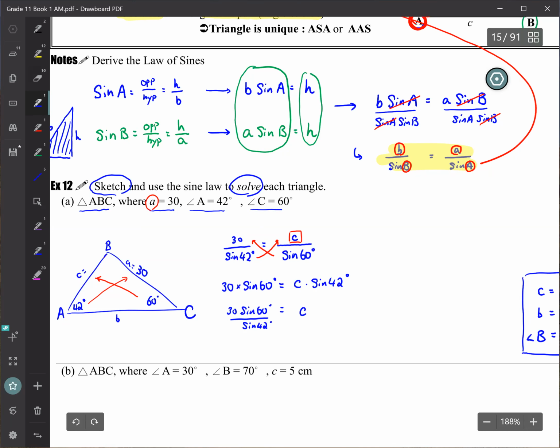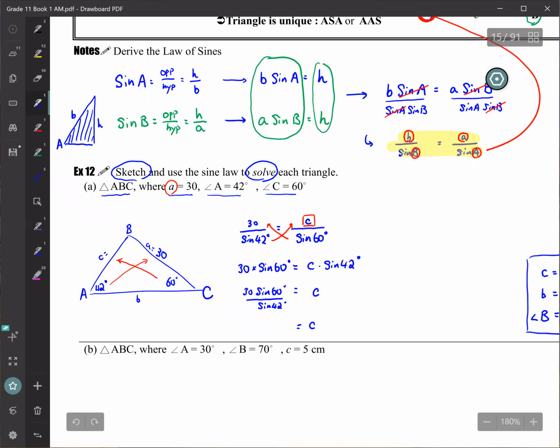After that, you just type everything into your calculator. So everybody take out your calculator, and raise your hand when you get an answer for side C. We'll round it to the nearest tenth for all the answers.